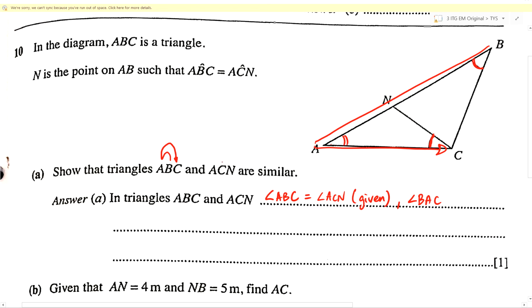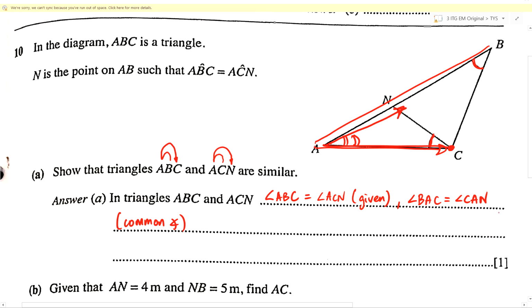We start in the middle, one step to the left and one step to the right. What does this order represent as the angle? CAN. Let's check, C to A to N. They are referring to the same angle. So this is still equal to angle CAN. The reason over here is that it is a common angle. They are referring to the same angle A, whether it is BAC from the big triangle or CAN from the small triangle.